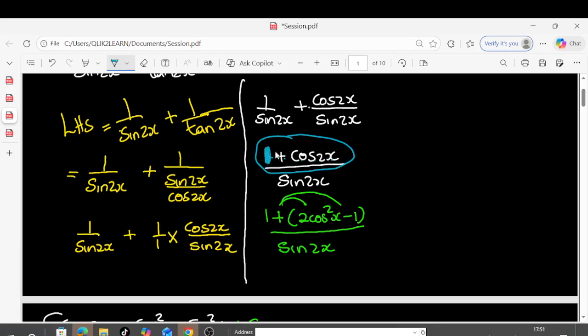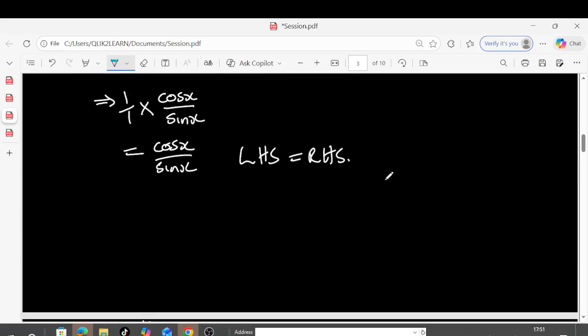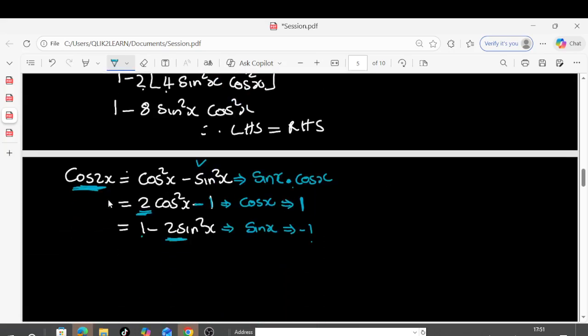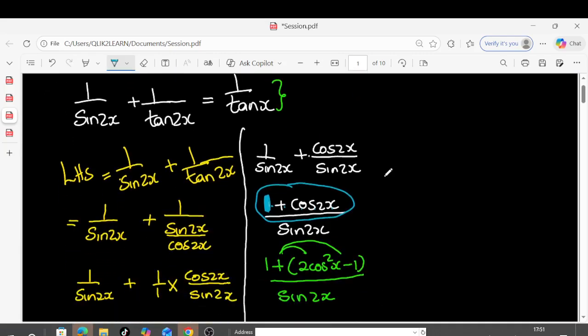We need to choose the formula that will get rid of that 1, so we need the formula that has negative 1. Between these three formulas, which one has negative 1? This is the formula that has negative 1. So we need to substitute this as 2 cos squared x minus 1. Why? Because we are trying to get rid of that 1. So I think you understand why we used this formula here, why we chose 2 cos squared x.